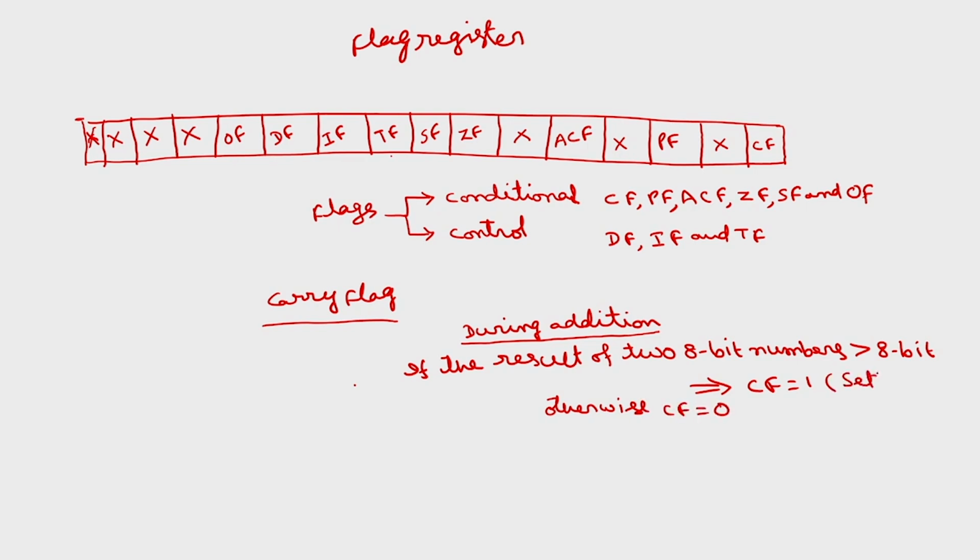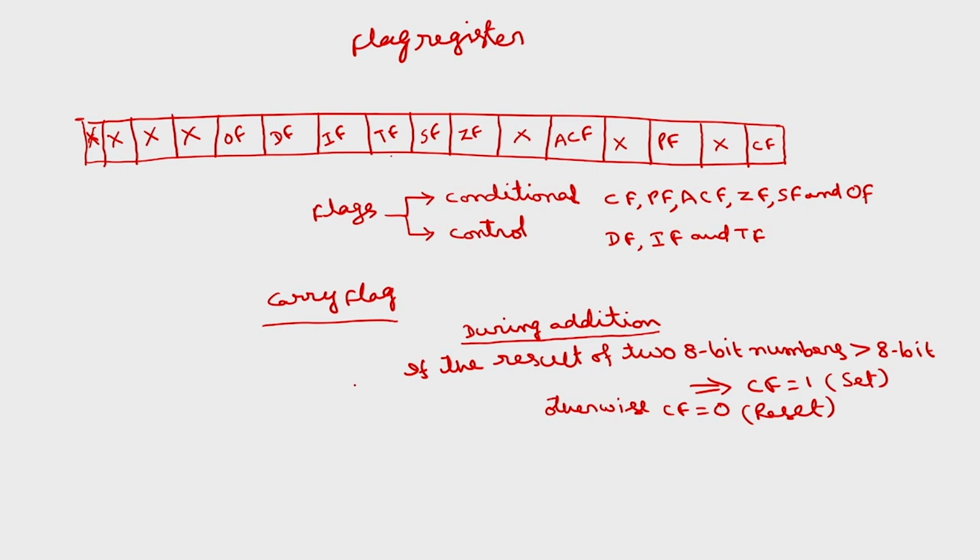This is set and this is reset. Similarly, if you perform addition of two 16-bit numbers and the result is greater than 16 bits, in that case also the carry flag will be set.